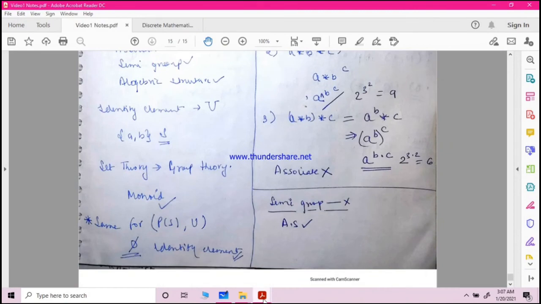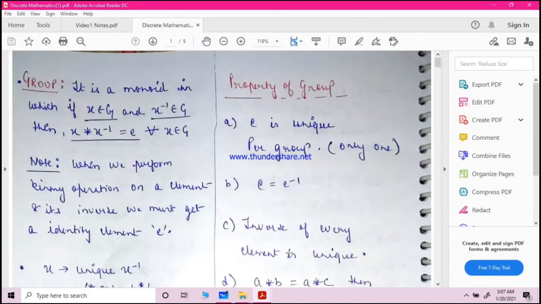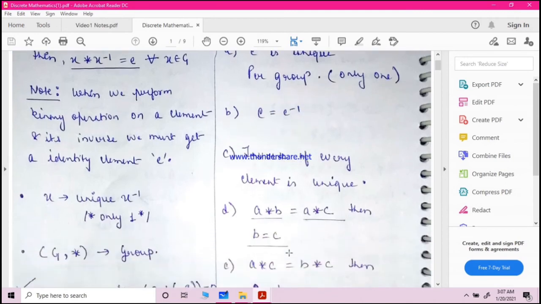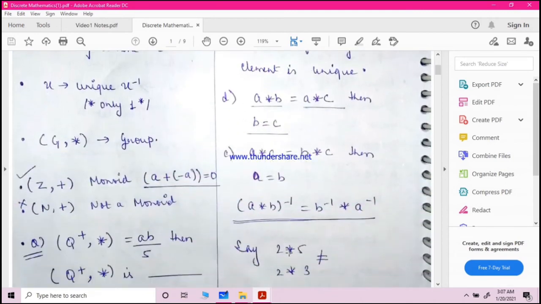Okay. Next is, what is a group? A group is a monoid in which if x belongs to G and x inverse belongs to G, then x into x inverse gives you the identity element. When we perform a binary operation on an element and its inverse, we get the identity element. As I have told you, there is an identity element.